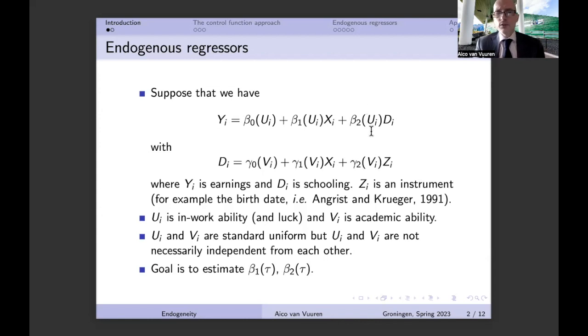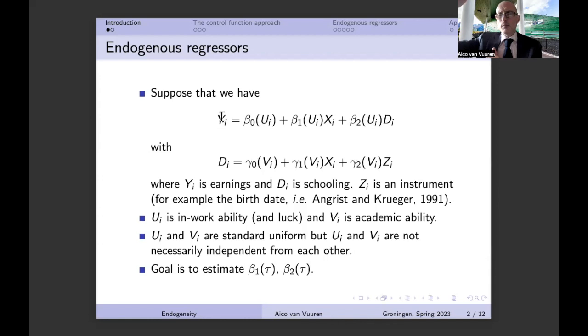Also here it's good to look at the example that we had before. We do of course know that at the moment that we look at differences in education level, suppose that we make a comparison of a highly educated person with a low educated person, then what we know is that highly educated persons usually have a higher level of intelligence, a higher level of V and U, than low educated individuals.